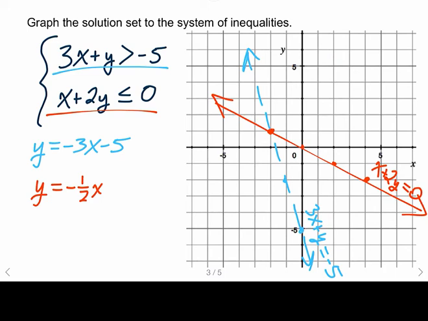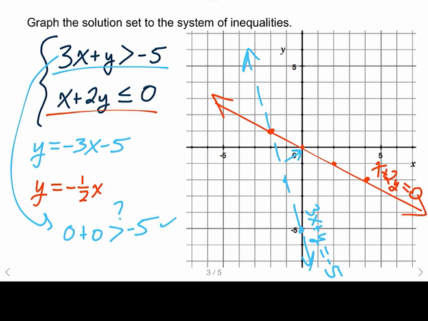And now for the blue line, the blue dashed line, I can use the origin as a test point. And we can say, okay, 0 plus 0, is that greater than negative 5? The answer is yes. So for the blue line, we're going to shade the part that includes the origin. I'm going to keep that in mind, make a little note to myself, but I'm not actually going to shade it just yet. I want this to be nice and tidy. For the red one, it goes through the origin, and so I don't get to use that point.